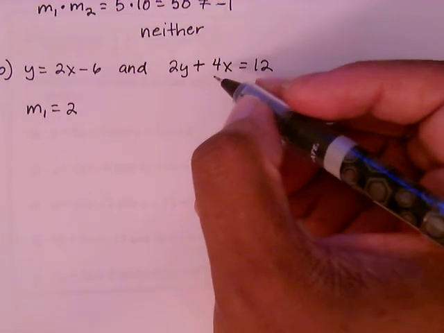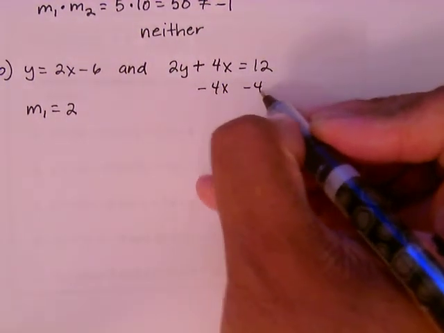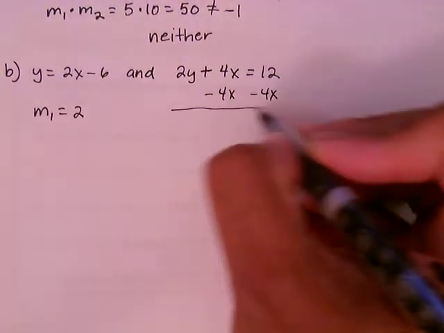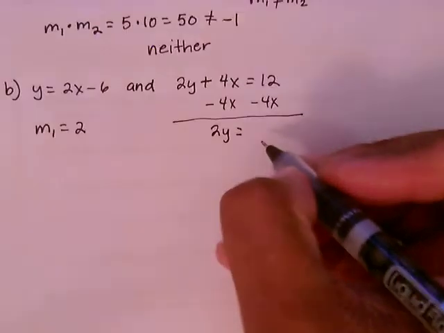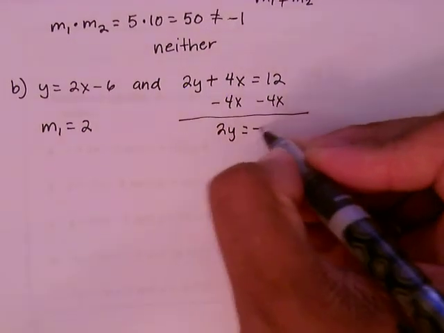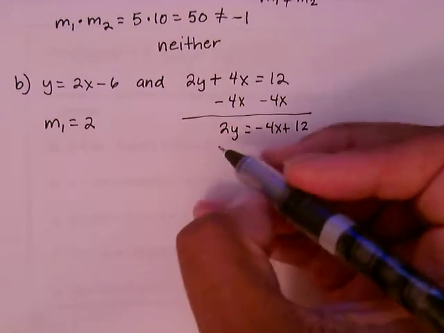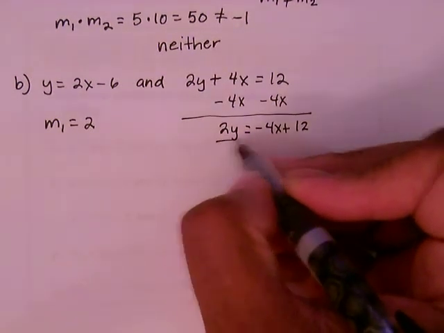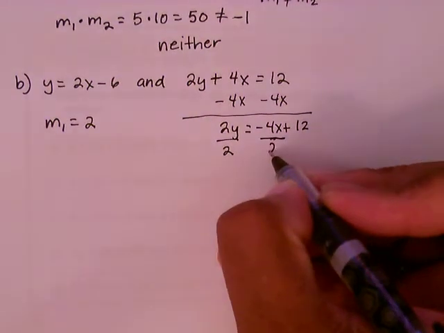The second equation, I need to get the y by itself. So I need to move the 4x first over to the other side by subtracting 4x on both sides. So here I got 2y is equal to -4x plus 12. And then to solve for y, I need to divide each and every term in this equation by 2.